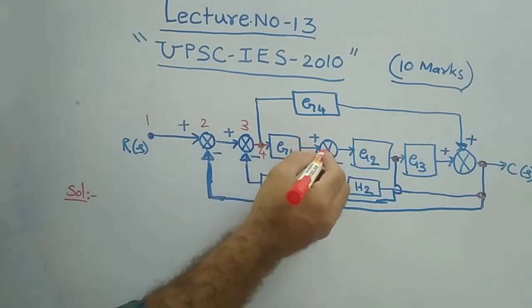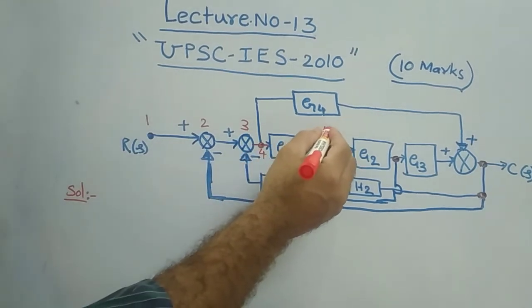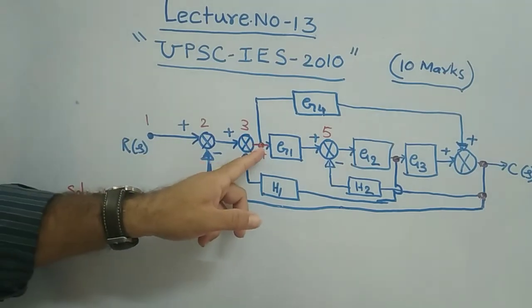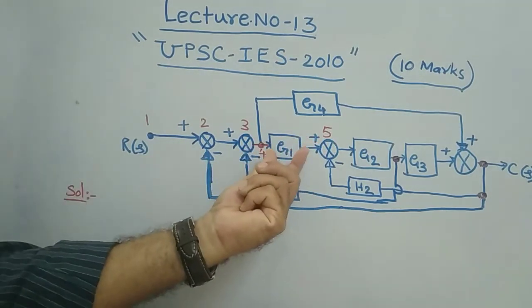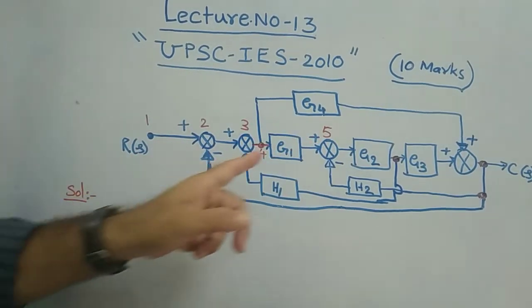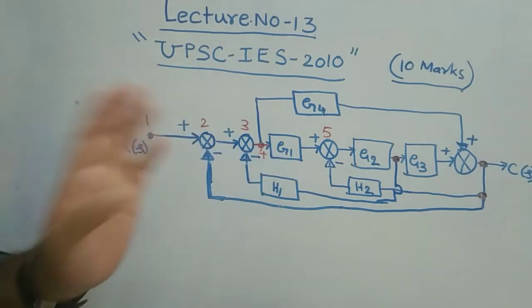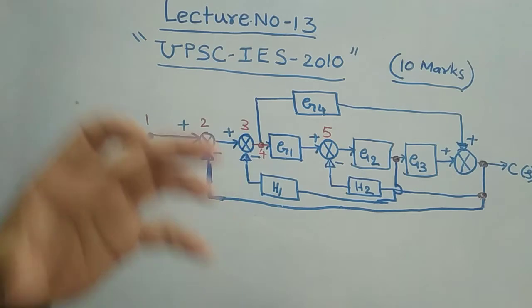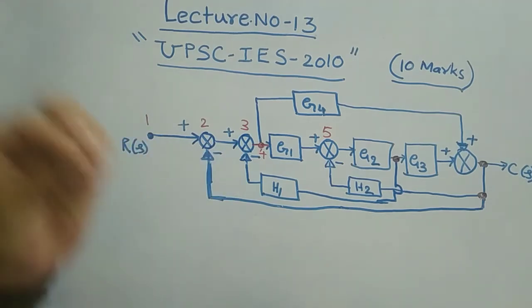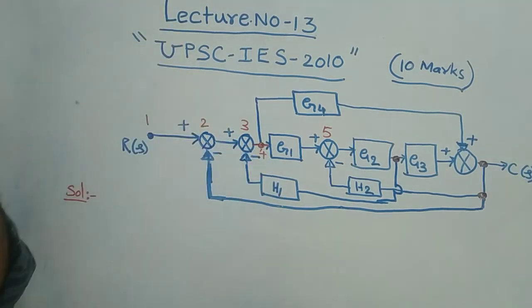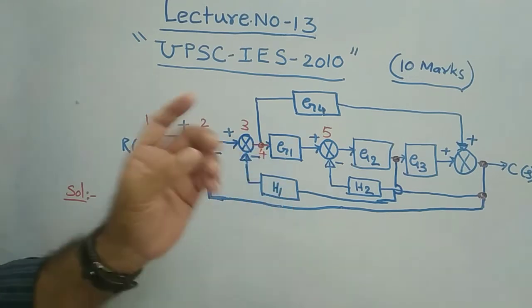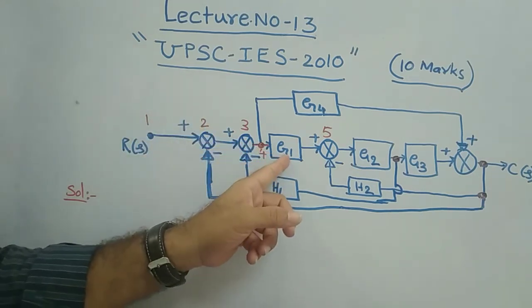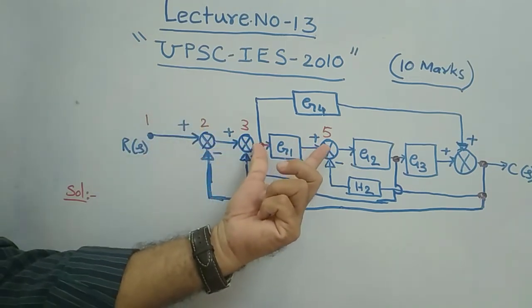After 4 there is a point, that means 5, because between 4 and 5 this block G1 is there. Don't consider the block as a node point. G stands for gain. G1 represents the gain available for the path between 4 and 5.